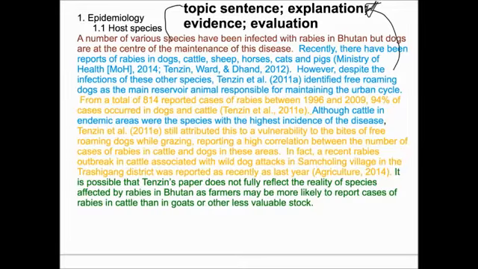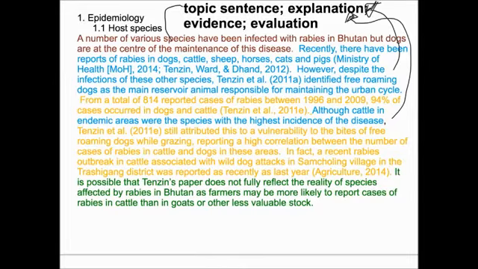Now you can see here that there's two parts of explanation in this sentence. It's not always as simple as a clear topic sentence, then an explanation, then evidence, then evaluation. Sometimes we deal with parts of it, and then we have to give some evidence for that part, and then we have some more explanation that needs to happen before we give more evidence.